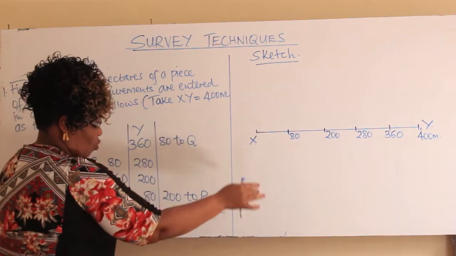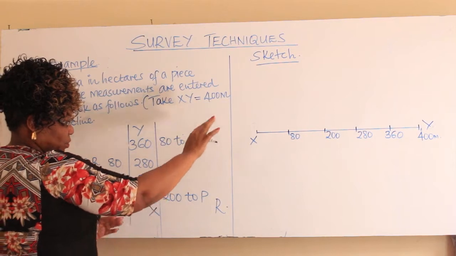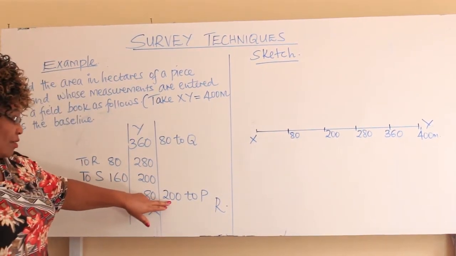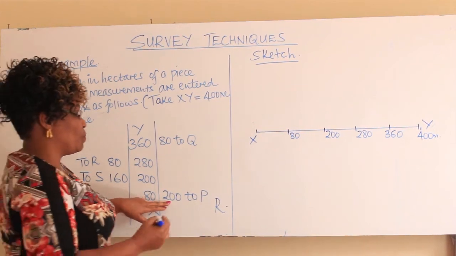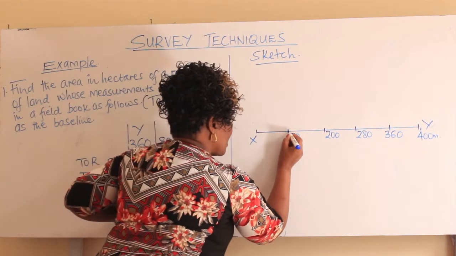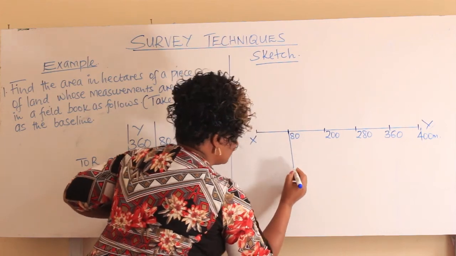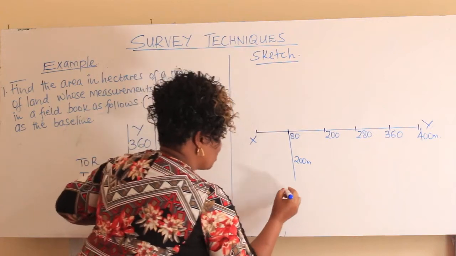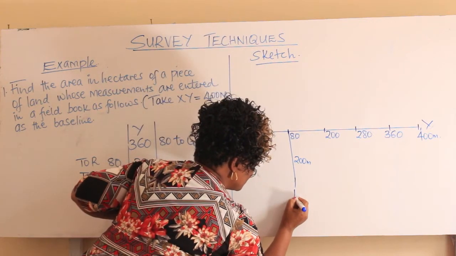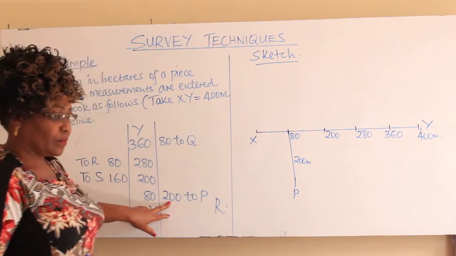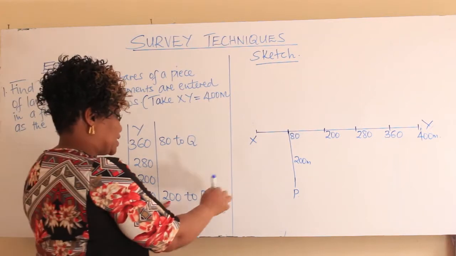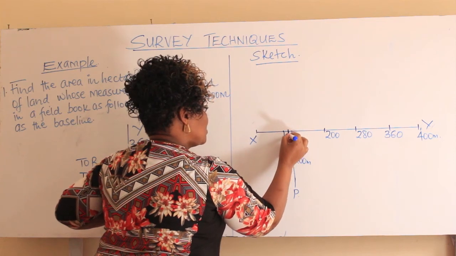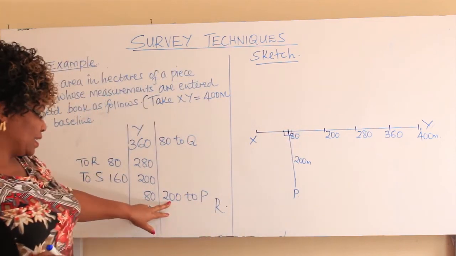At 80, we have an offset to P. Here, we have 200 meters to P. Let's assume our P is somewhere there. And remember, these offsets meet the baseline perpendicularly, at 90 degrees.